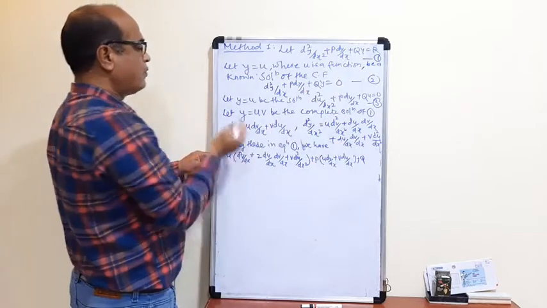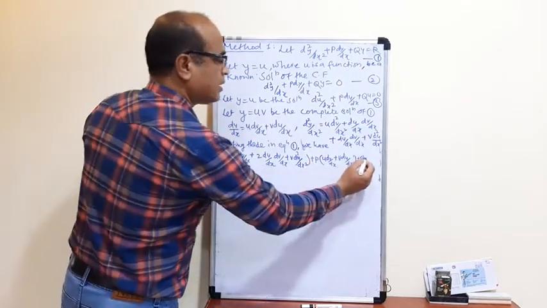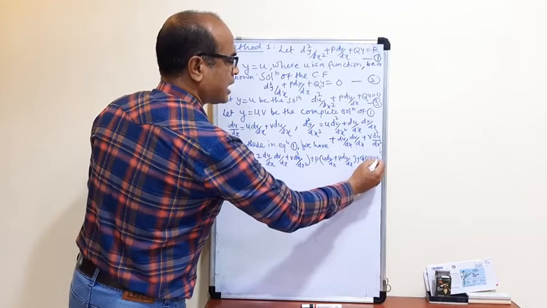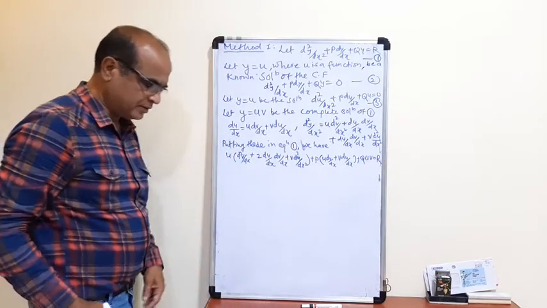What is y? y is equal to uv. And uv is equal to r.